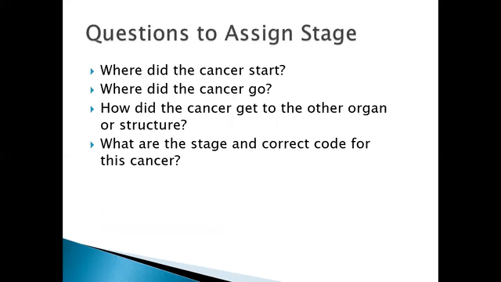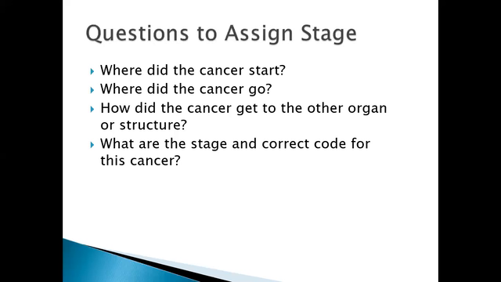Now, how do you begin to assign the summary stage? Keep the process in your mind, as they said: first determine if it is in situ. Is it distant mets? Okay, because those are very easy to determine. So kind of go through that process.